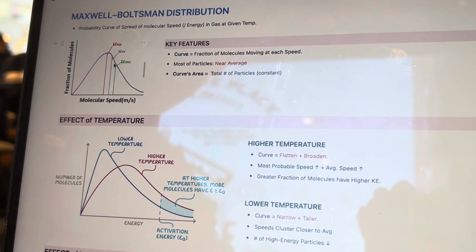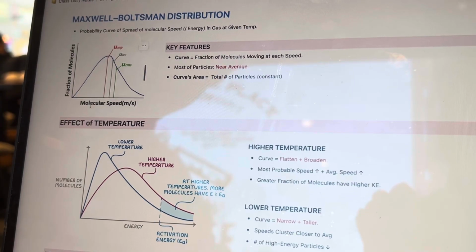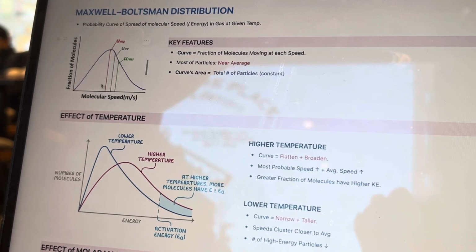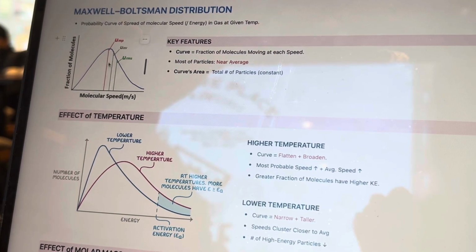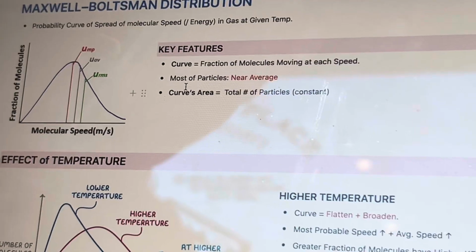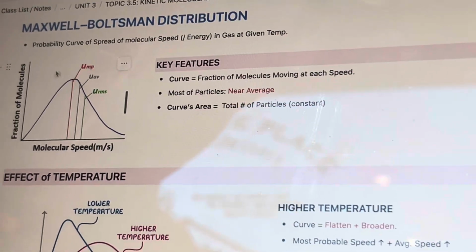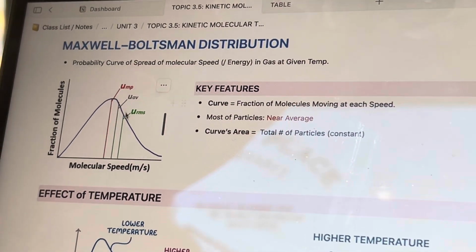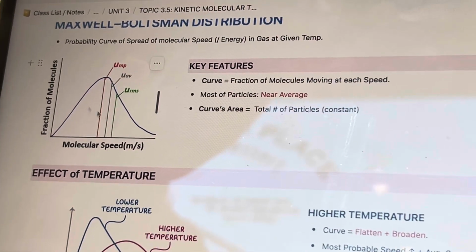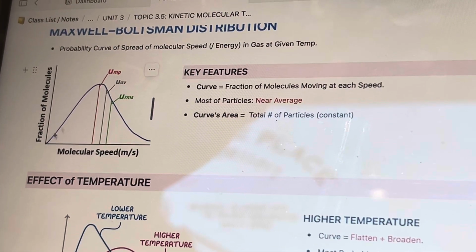The key features of this distribution are that the curve represents the fraction of molecules moving at a certain speed. So this part, this much, this speed, this much. And most of the particles are near the average, so this is mostly in this middle part. And the curve's area is the total number of particles.